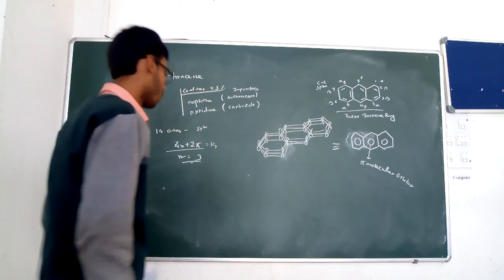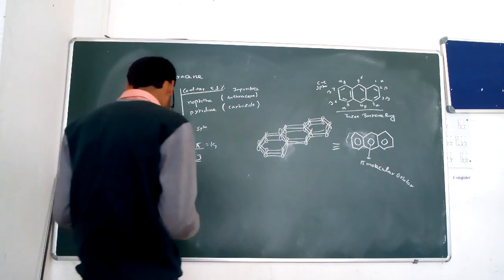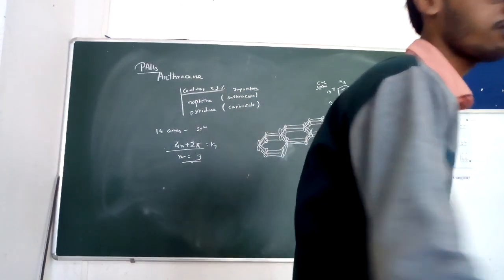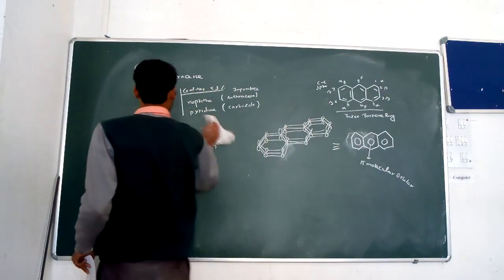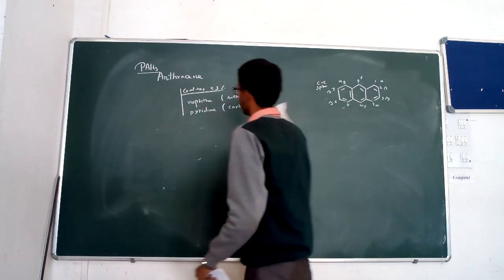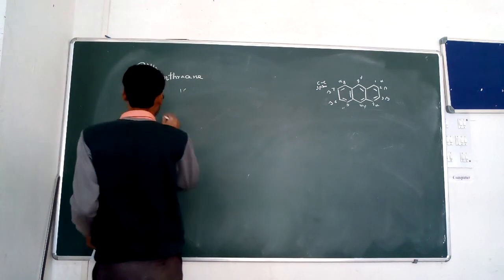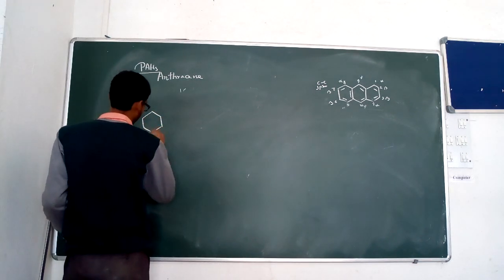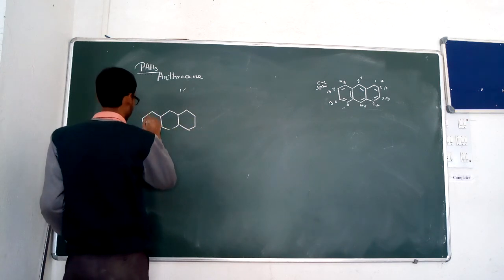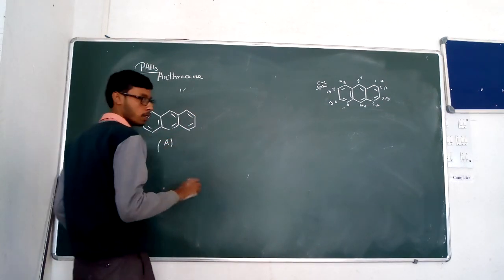Now going to the resonance structures, it forms 4 types of resonating structures or canonical forms, and that is very much important. That is one form of the resonating structure.